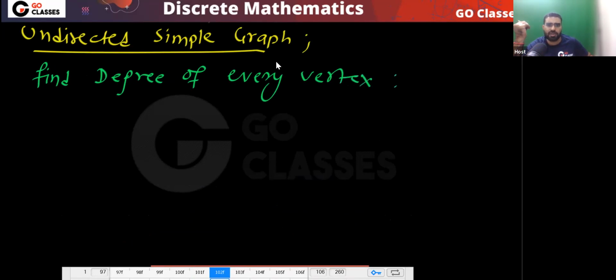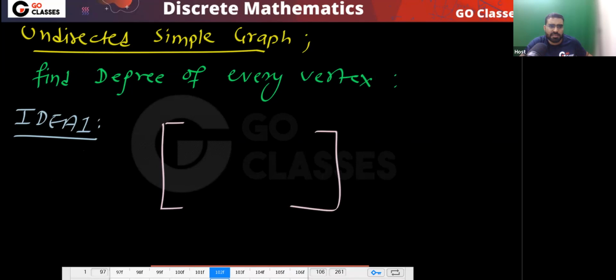What is idea number one? Idea one is very simple: in the adjacency matrix, for every vertex you find how many ones are there in its row. Just count the number of ones. Correct?